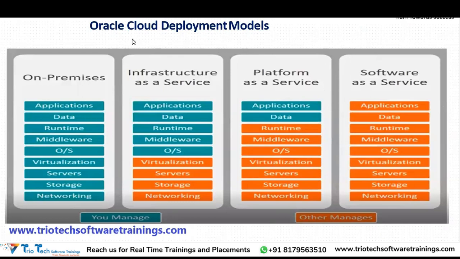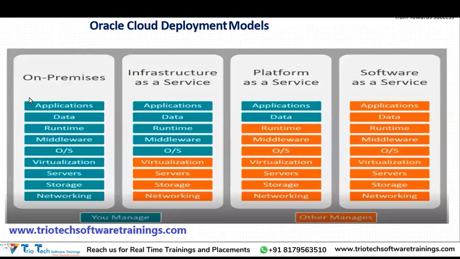So what we are discussing is the cloud deployment models. These two, on-premise, as I mentioned, nowadays the on-premise model is not there. People who have purchased it earlier when it was in trend, Oracle provides support in case of any issues that come up, but they are not providing the applications anymore in the on-premise model.